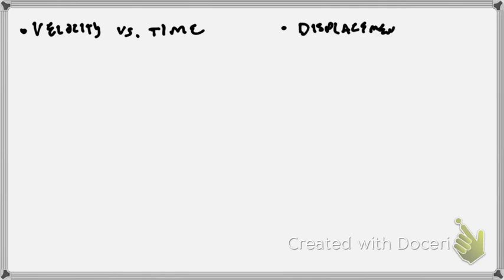All right. Now the next thing that I want to go over with you guys is understanding velocity versus time graphs and displacement versus time graphs.